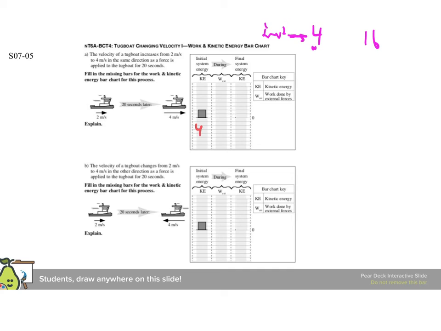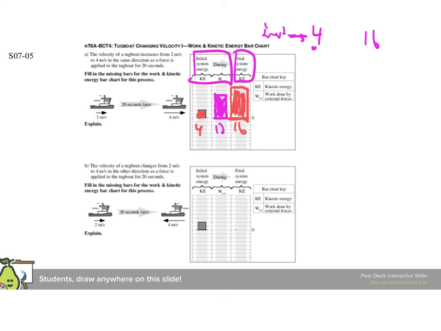That we had 4 units, now we go to 16, which is 2, 4, 6, 8 blocks. So something like that. And to get there, we must have done 12, which is 1, 2, 3 sets of 2. Because again, the initial plus the amount of changes has to equal the final.